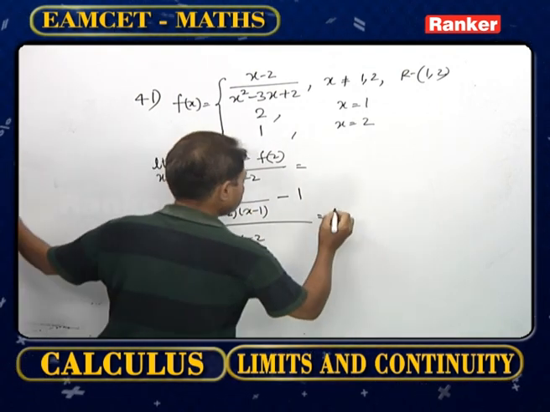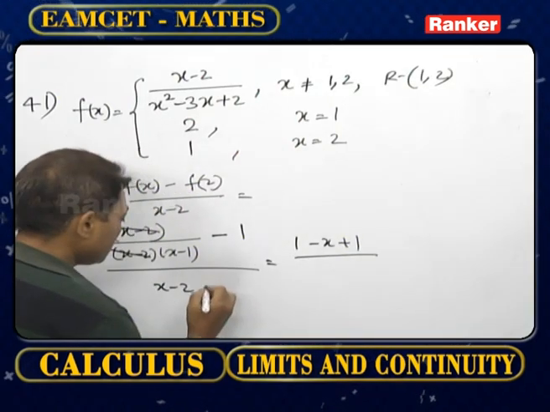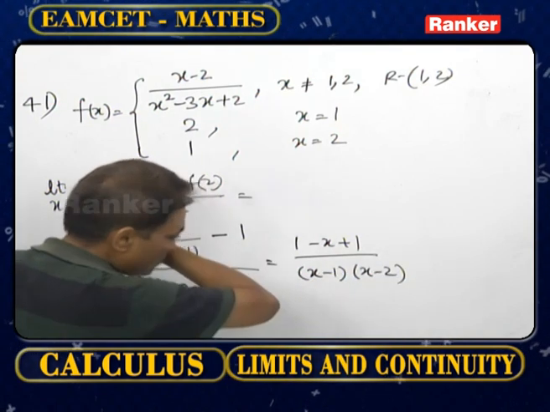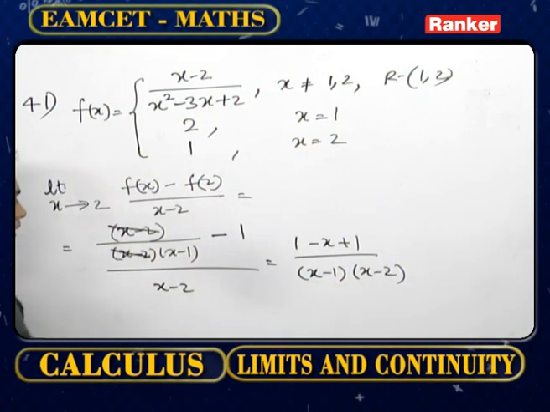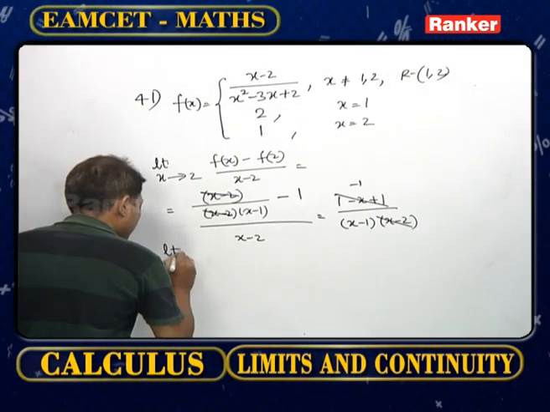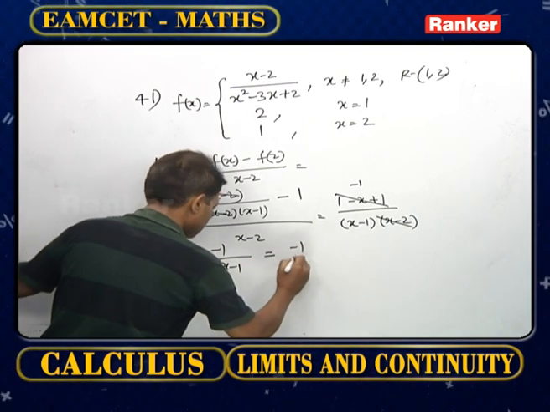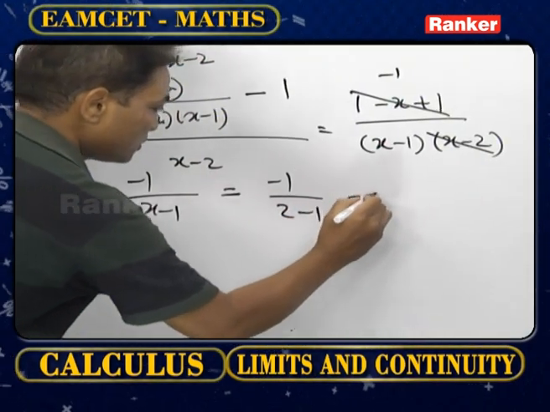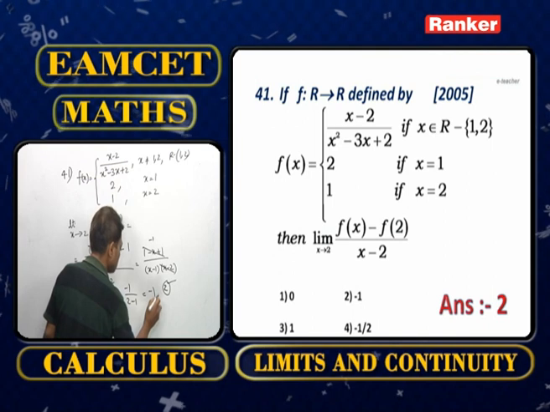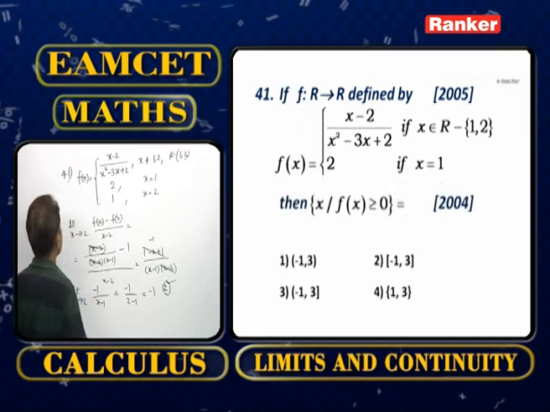If you take the LCM, 1 minus x plus 1 by x minus 1, this x minus 2 is also there. This is 2 minus x and this is x minus 2, so minus 1 cancels. So, if you apply x tending to 2 here, minus 1 by x minus 1 is there. So, 2 minus 1. The final answer is minus 1. Second option is the right answer. Minus 1 is the answer. Right? We will go for the next problem, 42.